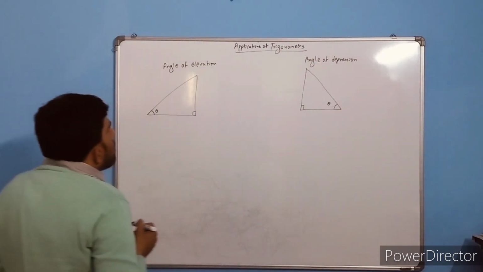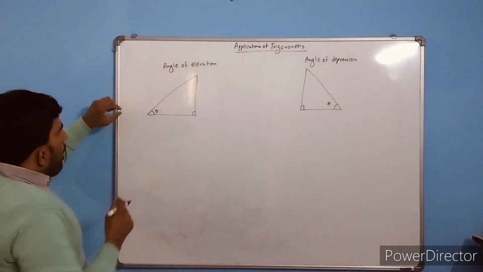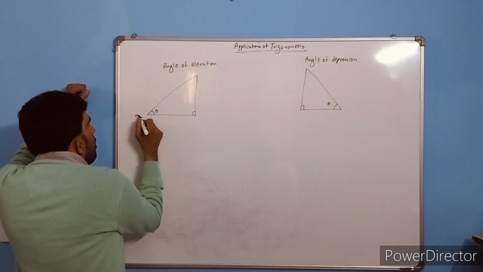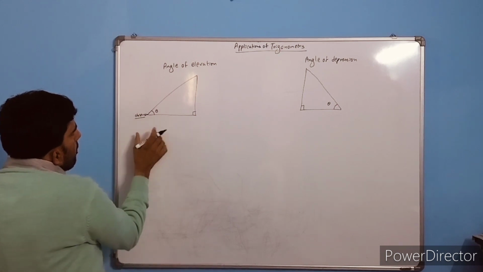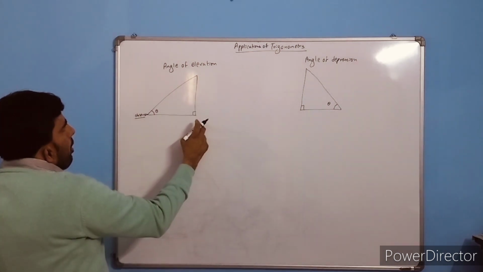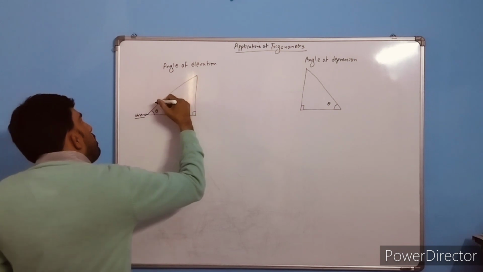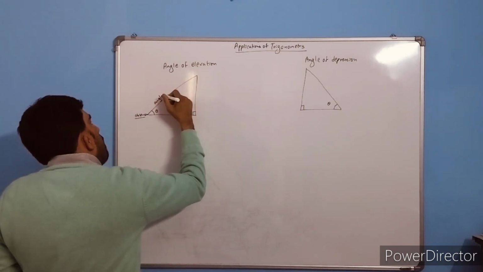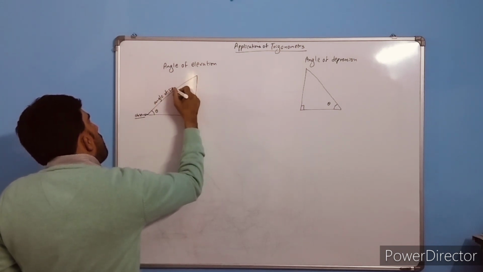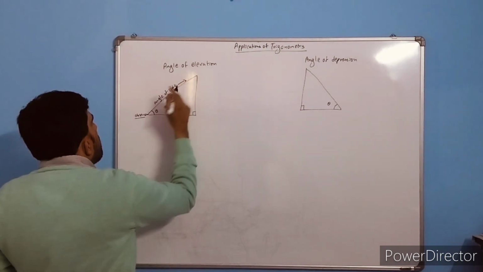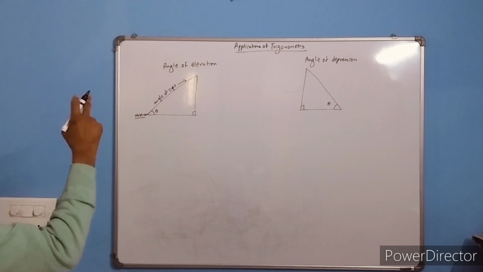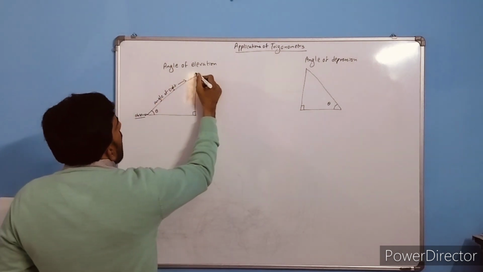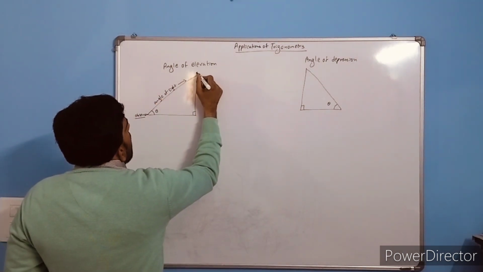Now what happens if an observer, here is the observer, is standing just in front of a building and he is looking at the top of the building where some kind of thing is there.